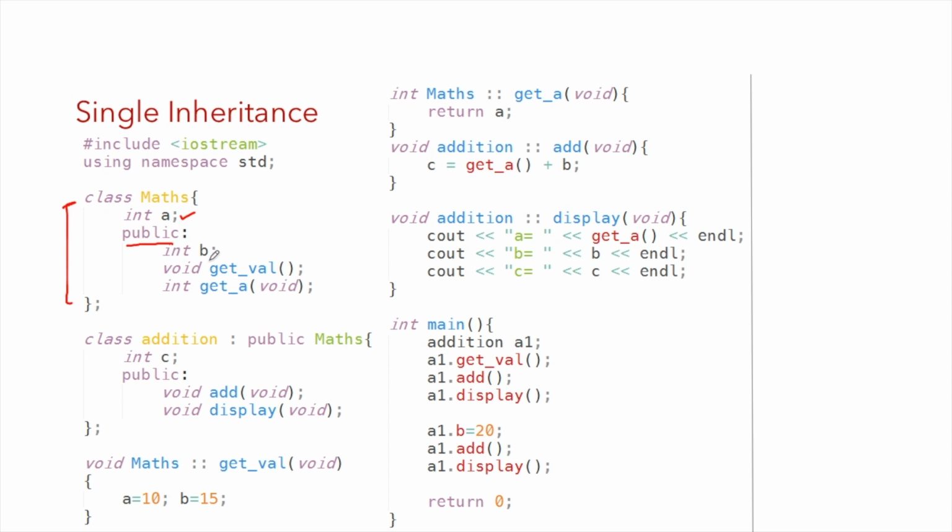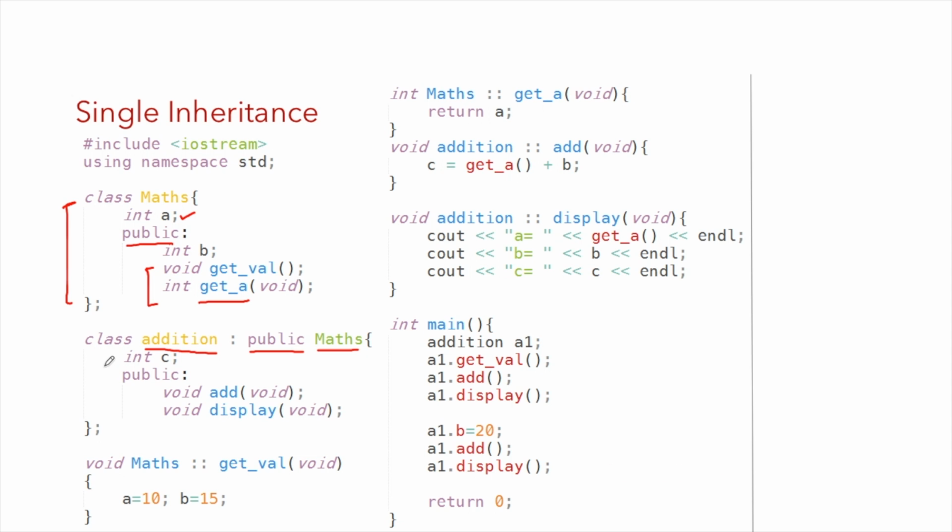So int B is one public member, and then we have two functions, get val, which is not going to return anything, and we are not passing any values to it either. The other function is int get underscore A, to which again we are not passing any parameters. Then we have our derived class addition, then colon, visibility mode is public, and we are going to inherit the class maths.